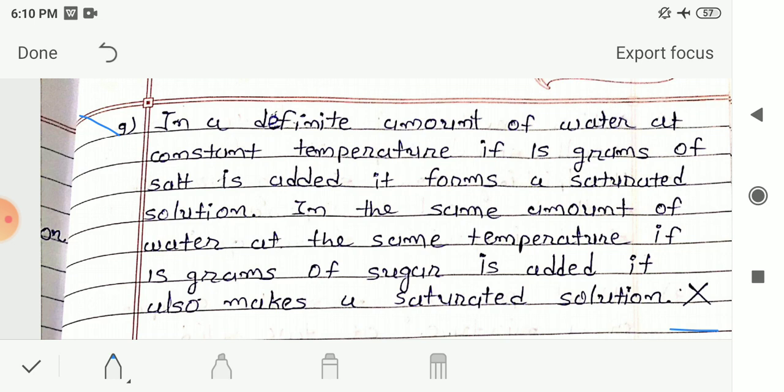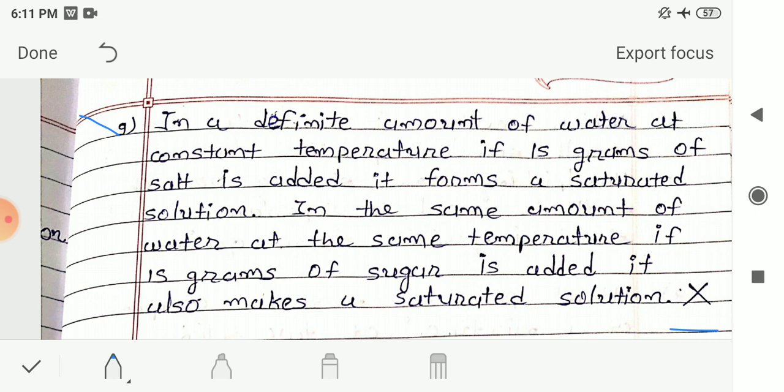For different substances dissolved in water, like sugar and salt, the saturated solution is different. We cannot dissolve the same amount of substance in the same amount of water at the same temperature. That is, we cannot dissolve 15 grams of salt or 15 grams of sugar in the same amount of water at the same temperature and get the saturated solution.